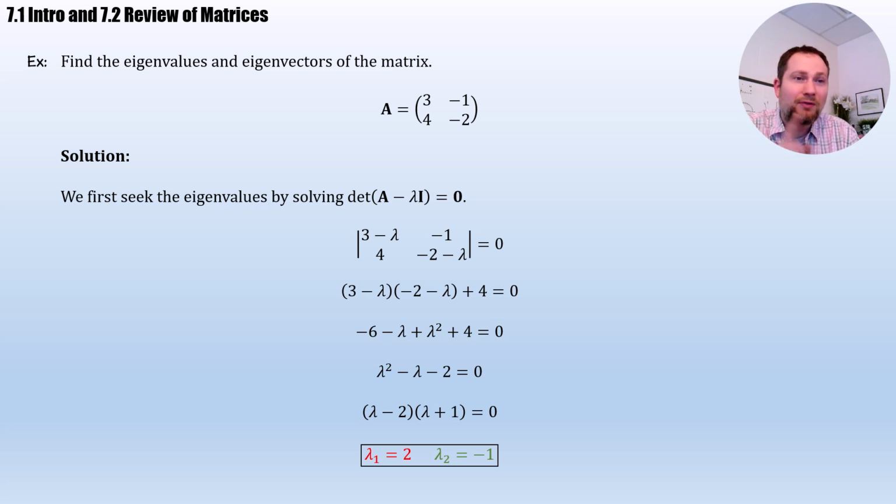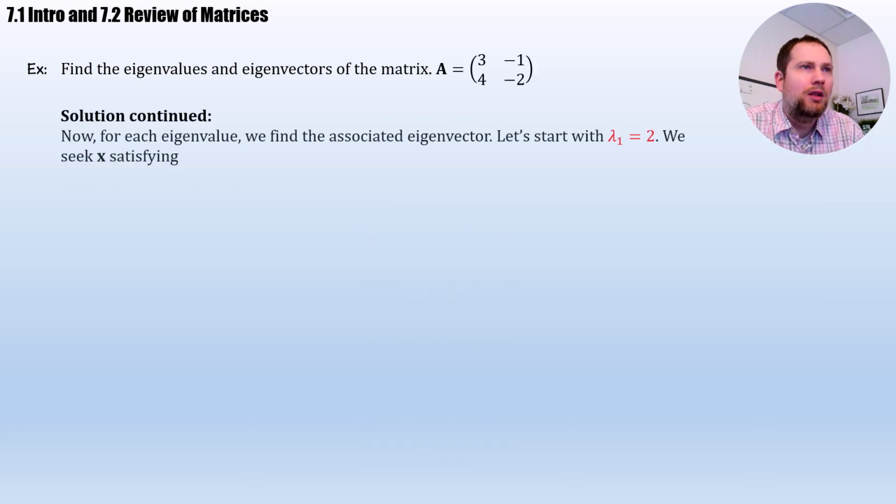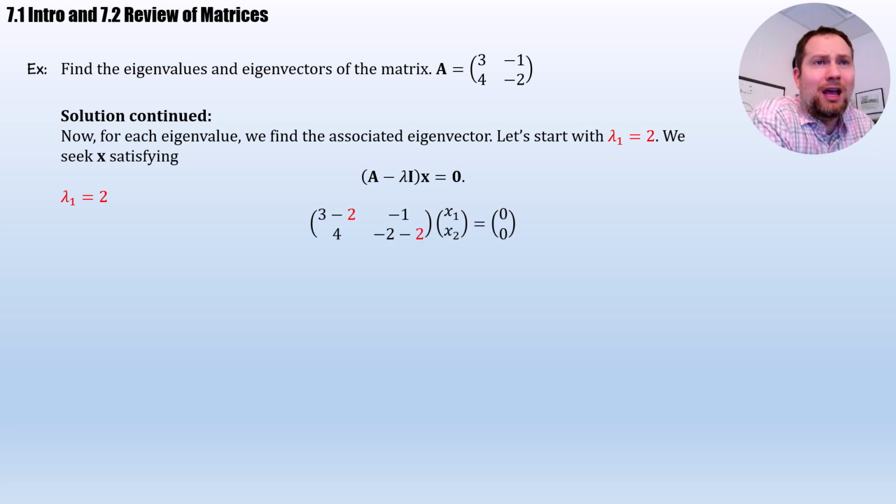Now wait, we also need for each of those, the red and the green, an eigenvector. So let's think about how we do that. Let's just look at the red one, lambda 1, which is 2. Remember, if you're given an eigenvalue, then it should be true that its eigenvector satisfies this equation.